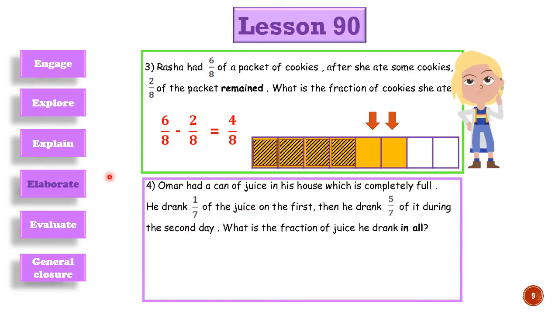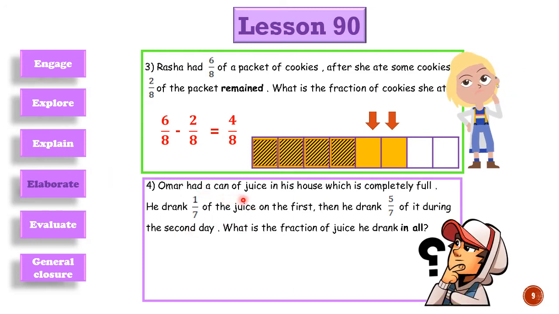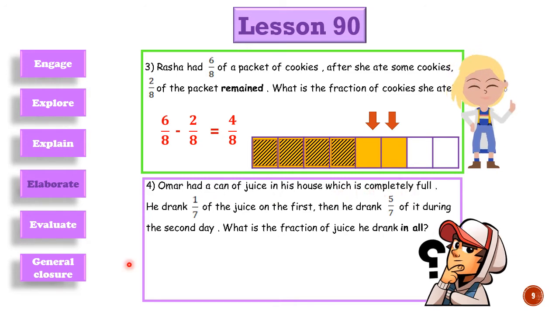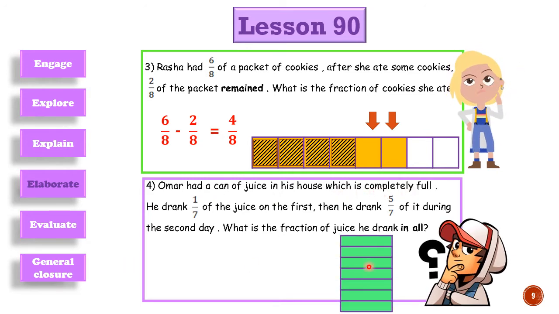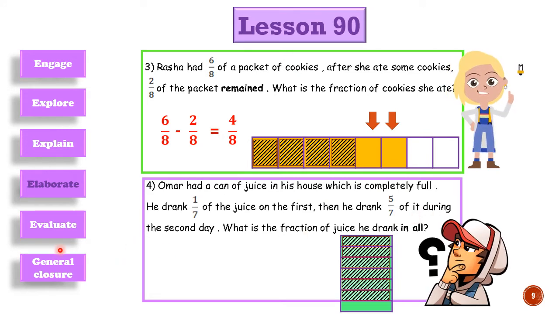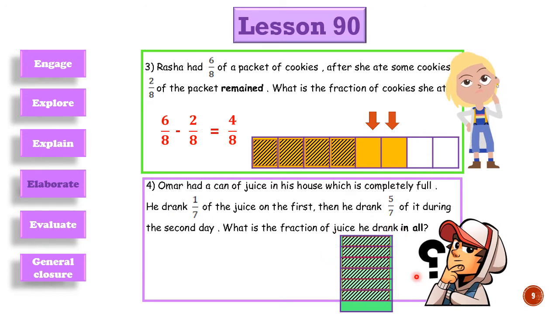Okay, next one. Omar had a can of juice in his house which is completely full, like this. He drank 1/7 of the juice on the first day, like this, and he drank 5/7 of it during the second day, like this. What is the fraction of juice he drank in all? What is the fraction of juice he already drank?